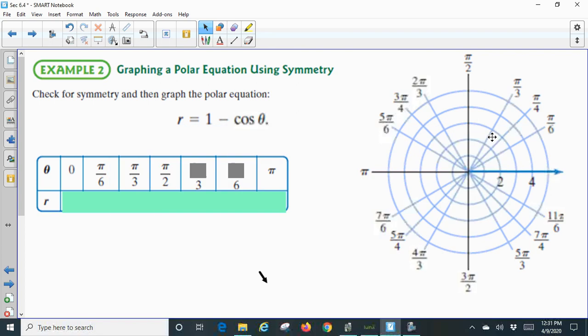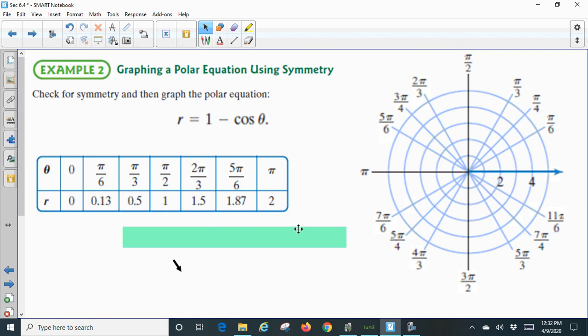So our graph passed for symmetry over the polar axis, but it did not pass for the other two types, over the pole or the y-axis. We plugged in our values, and for every point we get above, we'll get a point below. So let me put in a few points very quickly.